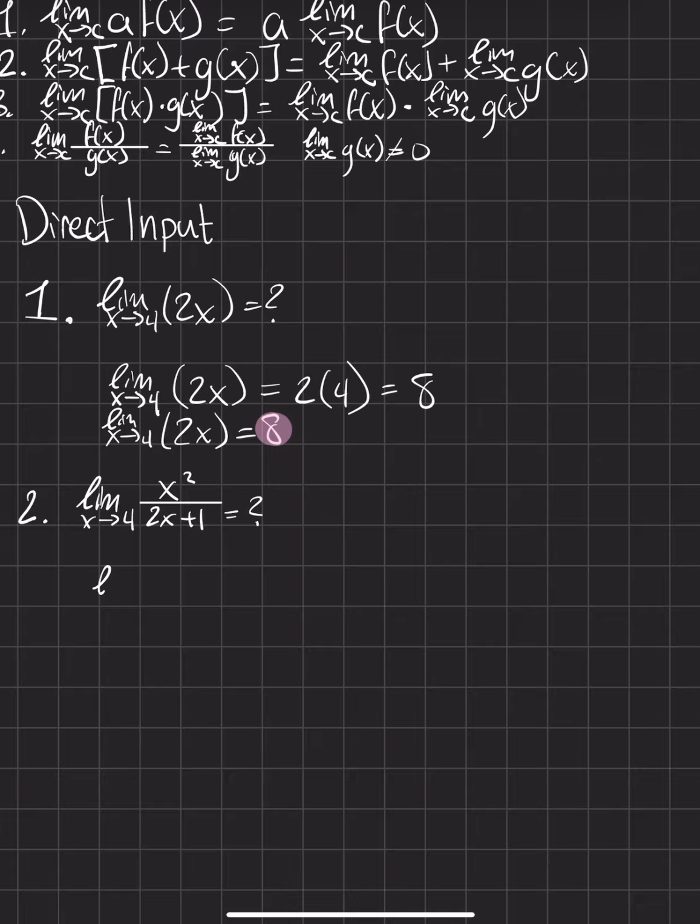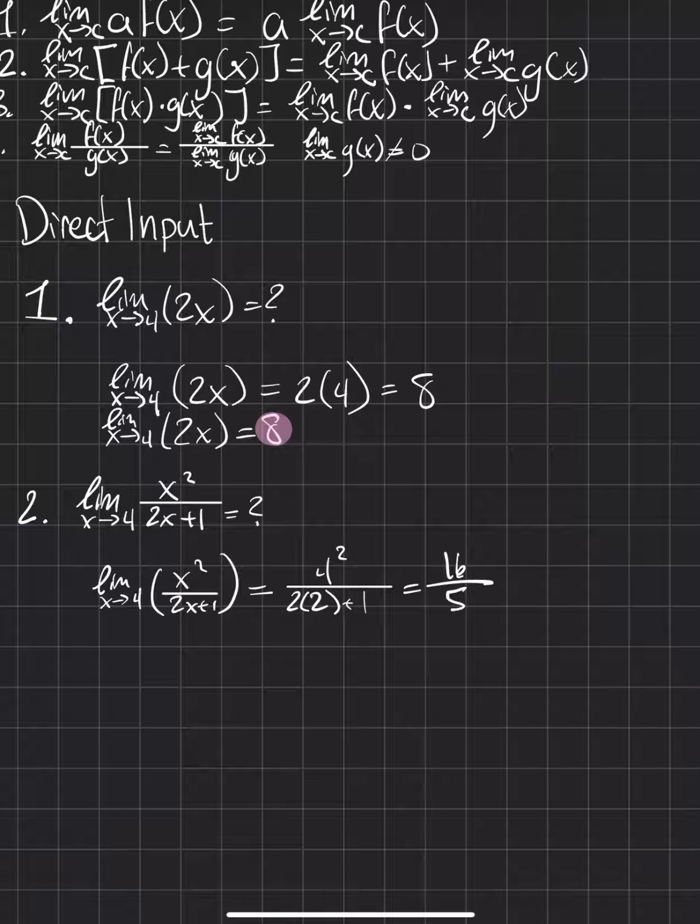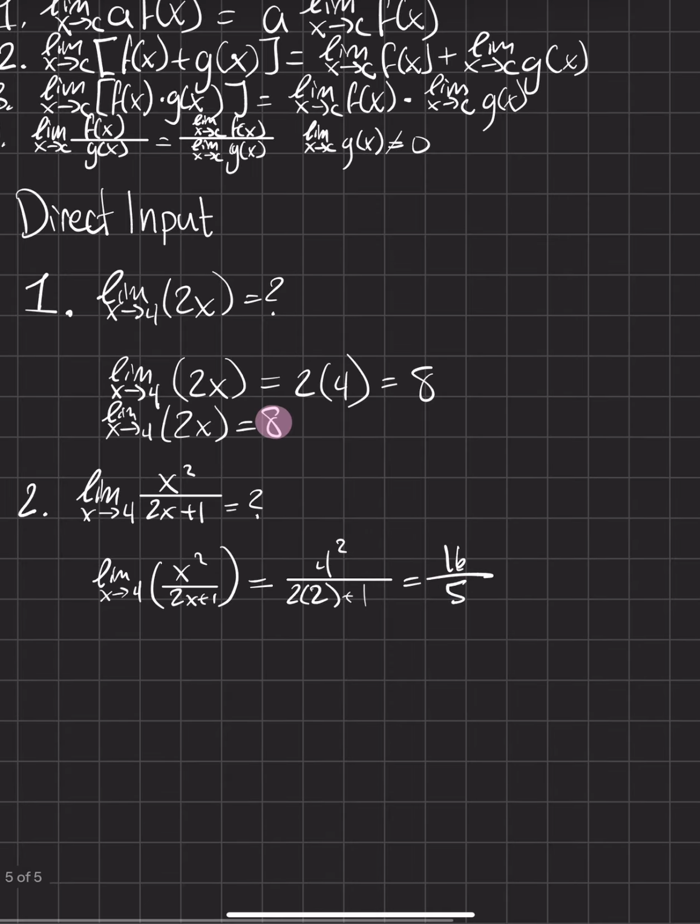So all we would do is the limit as x approaches 4 of x squared over 2x plus 1. And then just like how we did before, we would plug in the value. Let's say you get 4 squared over 2 times 2 plus 1, and that's going to give you 16 over 5. And then you just highlight this.